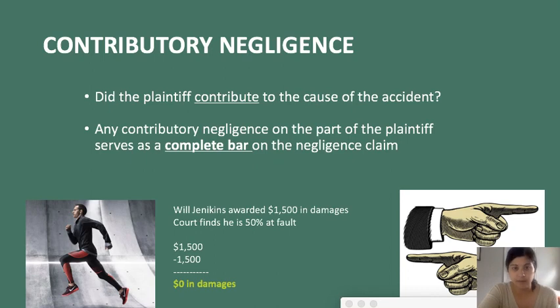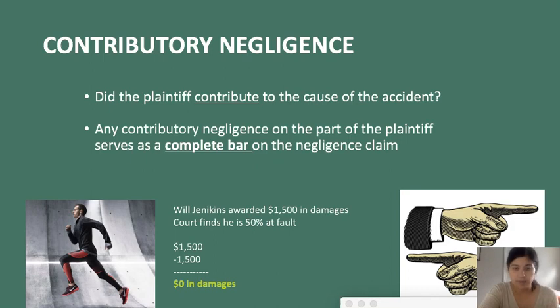You get nothing. Now, obviously, this is much more severe than the comparative negligence because in those cases, you're simply reducing the amount by whatever percentage of fault. In a contributory negligence state, the courts don't care what the percentage is. Basically, if they deem you to be 1% at fault for your own injuries, then that's going to lead to a complete bar to any kind of reward.